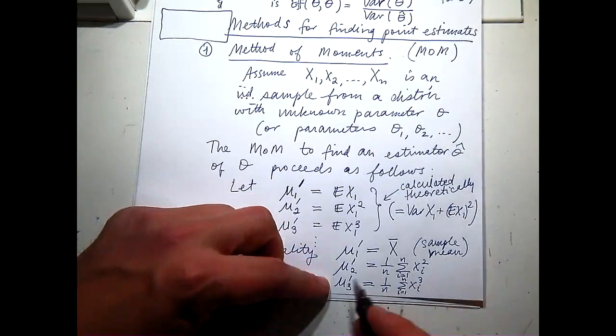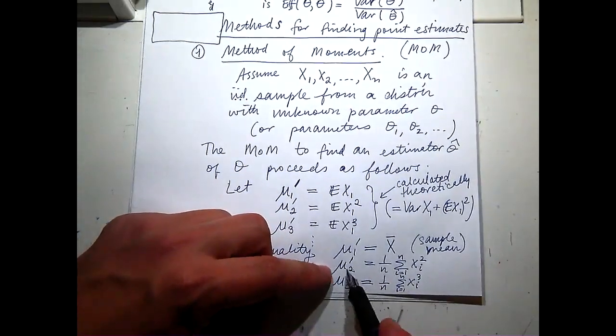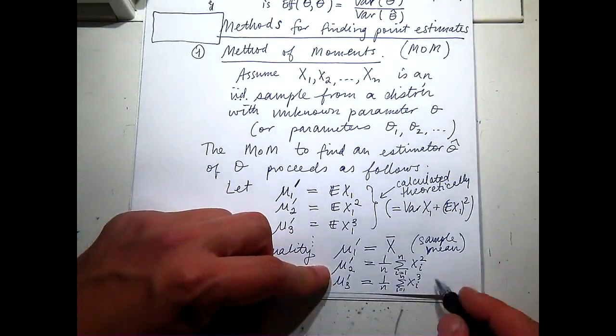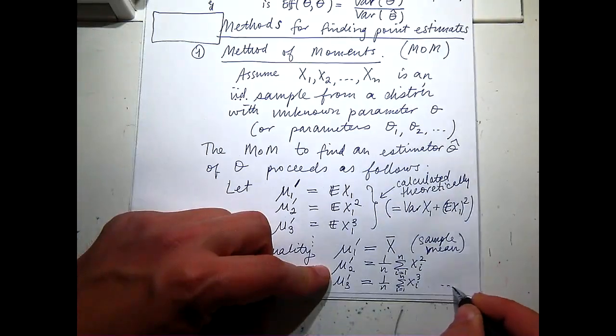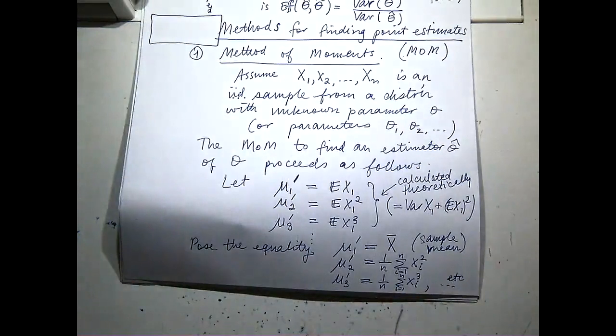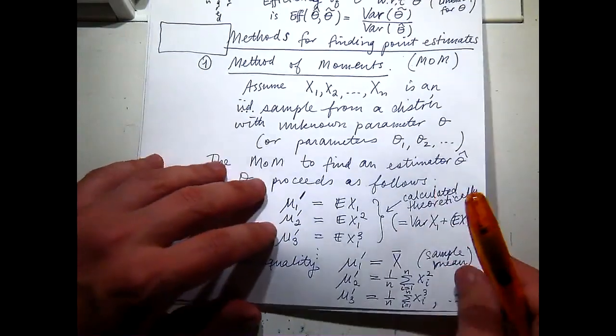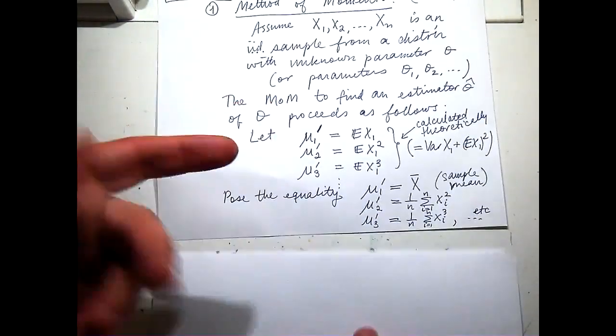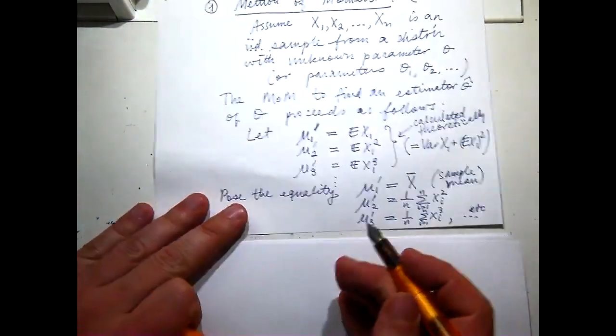Now, you might not get up to needing mu3 prime. You might not even get up to needing mu2 prime. The principle is, you do as many as you need until you can solve uniquely for theta hat. So you can't solve all infinitely many equations. You just solve the first few.